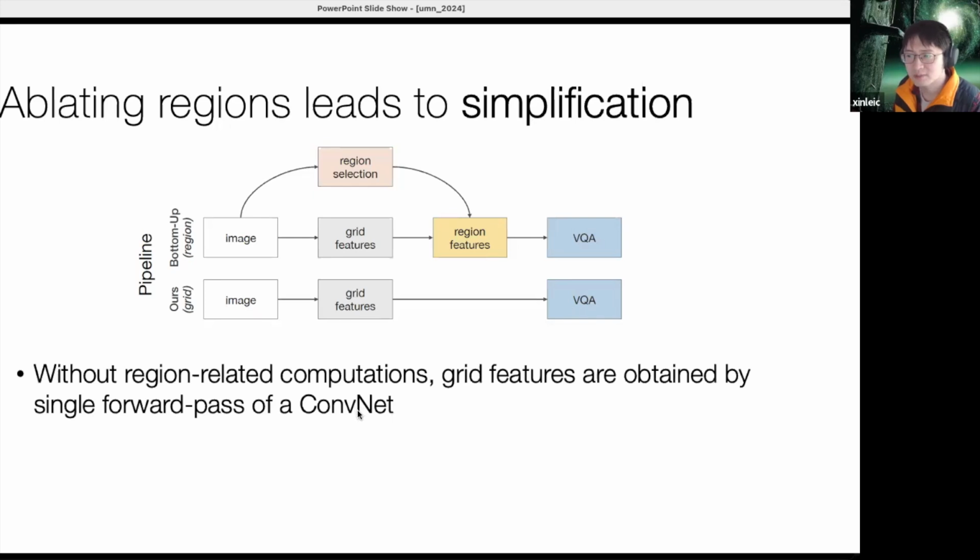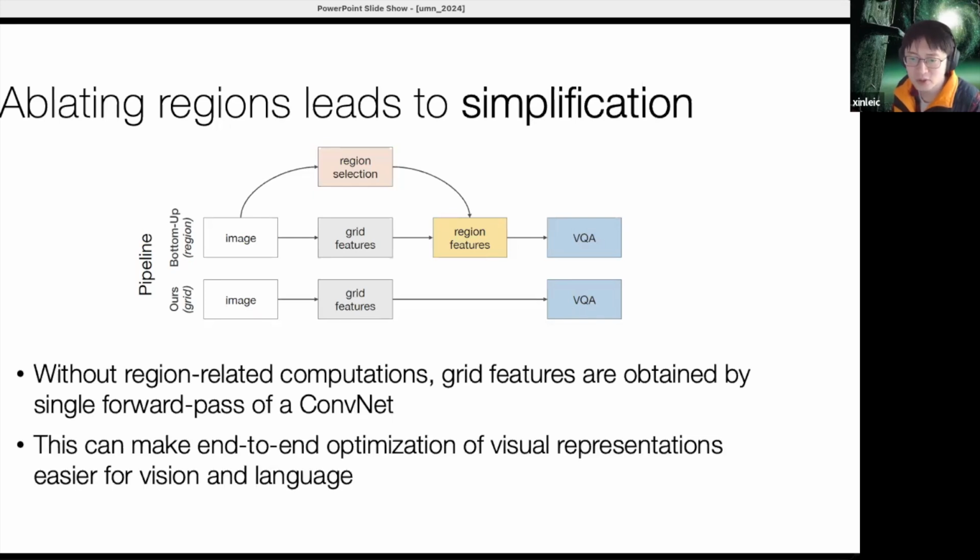And this is very simple, and especially it can make end-to-end optimization of visual features easier for vision and language, because region selection and region feature computation have some non-differentiable operations. This is an advantage for grid features: you can do end-to-end optimization.